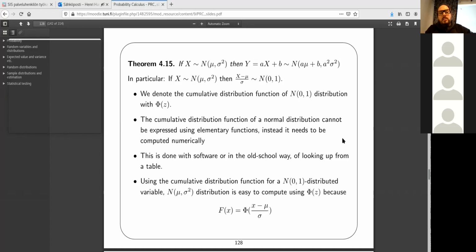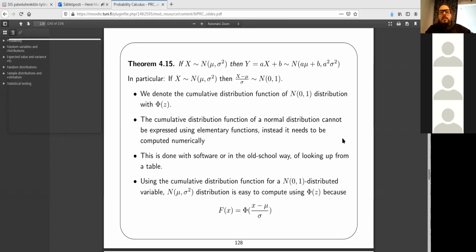And we use the same symbol, theta of z, for the cumulative distribution function. This cumulative distribution function is often pre-calculated in tables, and basically all statistics books will have this table given in the appendix or at the end of the book.